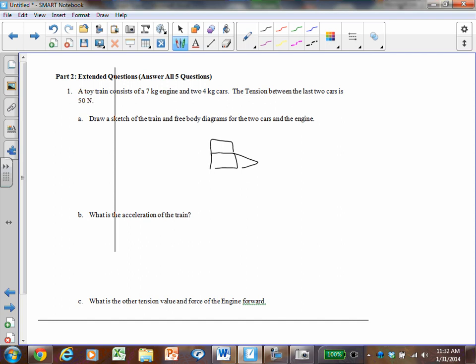My drawing skills are lacking today. And 2 cars attached to it. The 2 cars are 4 kilograms each. And the engine is 7 kilograms, right? Draw a sketch, that's there, and free body diagrams for the 2 cars and the engine.